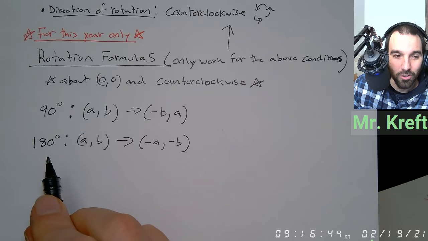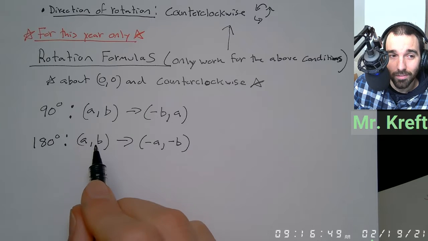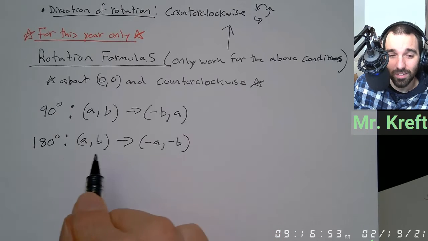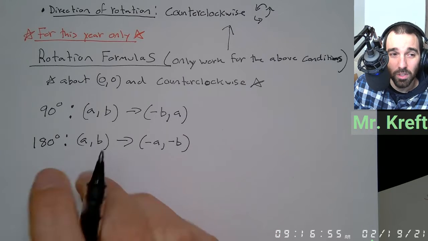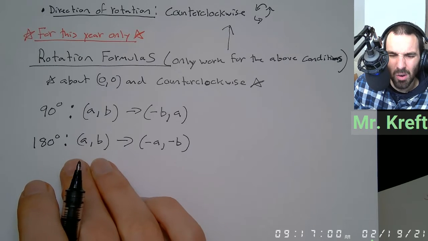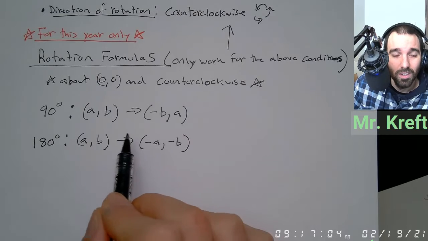So I'm going forward, I turn 180 degrees, now I'm going backwards. So take a look, what's the opposite of (A, B)? Negative A, negative B. So this one actually makes sense. It's logical, like we can talk about it and be like, oh yeah, 180 degrees. It's just going to be opposite of what it was before.